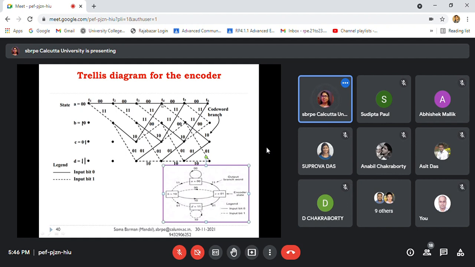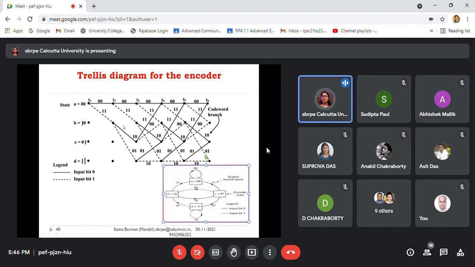Okay. And one thing is important here. See, 1, 2, 3. After the third stage, the paths that diverged from A are all remerged. In the A node, two paths are merged.